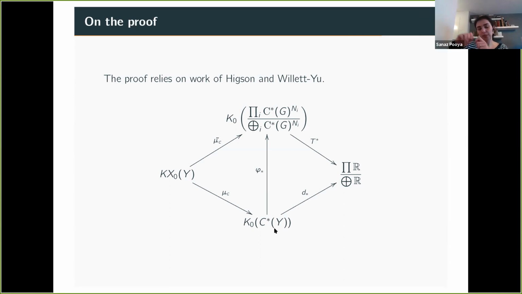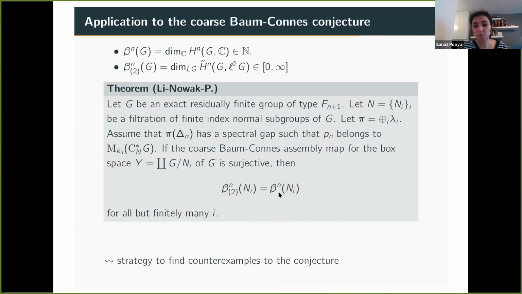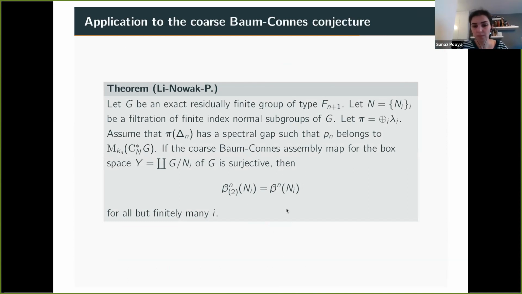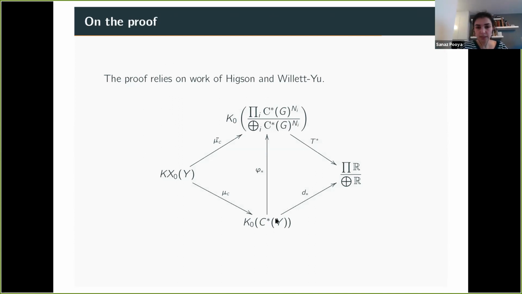Then we basically look at the image of this projection inside the quasi-regular representation, or boxes if you like, and the dimension of these boxes would correspond to Betti numbers of the N_i's. And if we lift it up here and then combine it with this trace, we get the L²-Betti numbers.